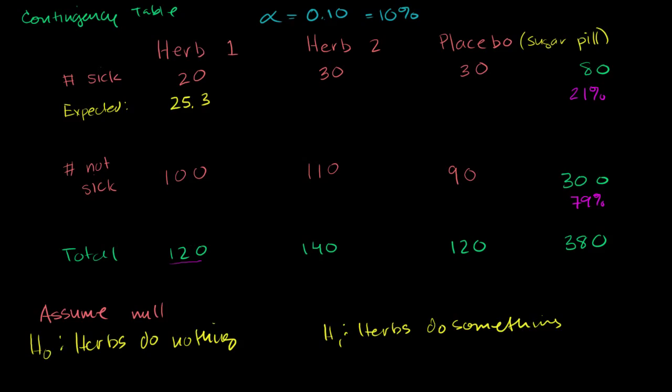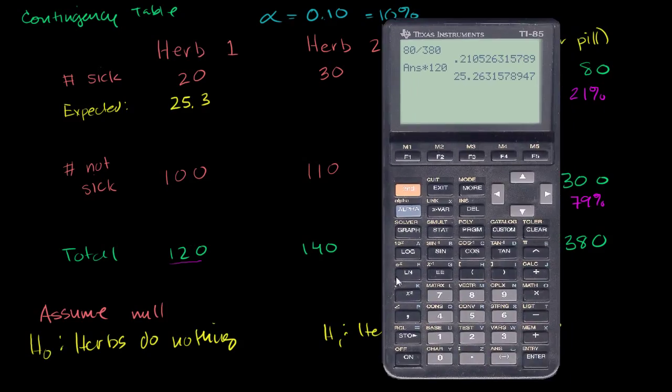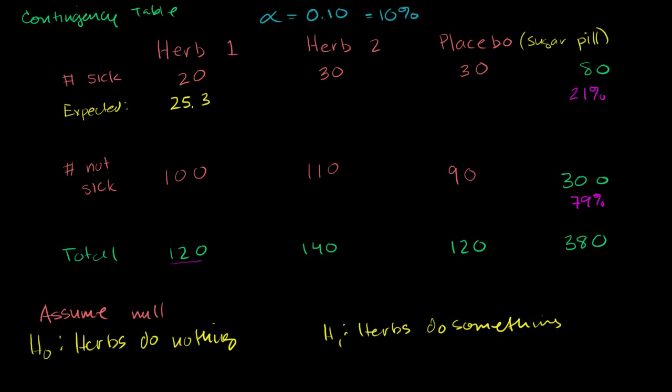I could multiply 79% times 120, either one will be good. But let me just take 120 minus 25.3, and then I get 94.7. So you would have expected 94.7 to not get sick.